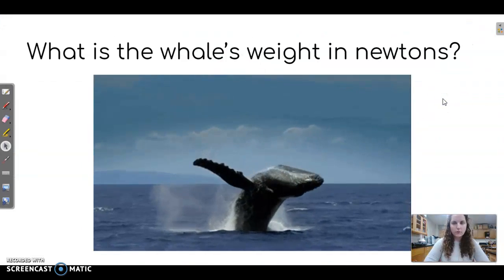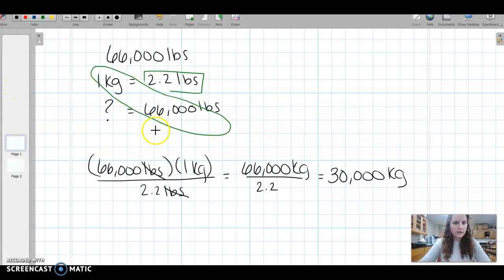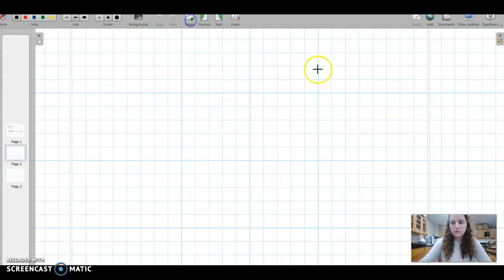What is the whale's weight in newtons? We're looking at the same whale, and now we're asked for the weight in newtons. Well, one thing that we know to be true is the mass, right? The mass is not going to change. The mass is constant. So the 30,000 kilogram mass is what we're going to use in order to find the whale's weight in newtons.